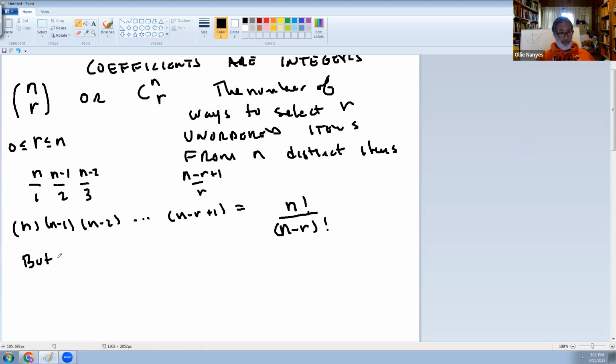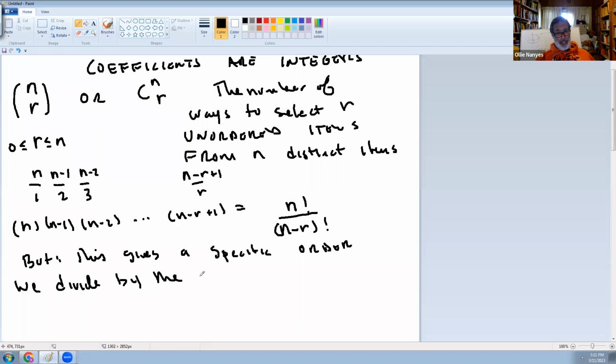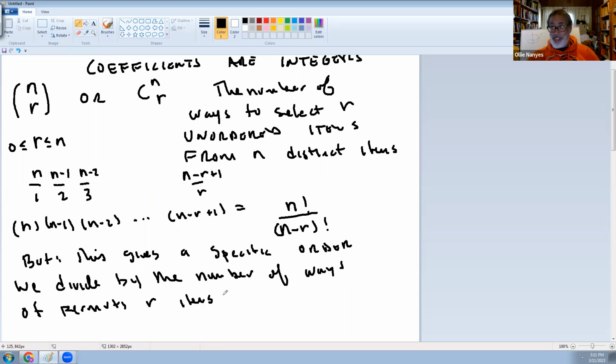But this gives a specific order. So we now divide by the number of ways of permuting our items, and that's r factorial.